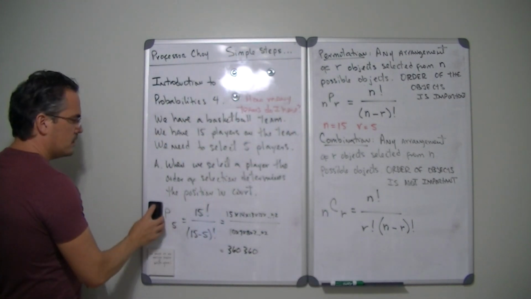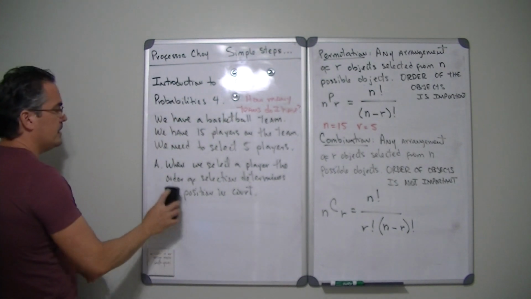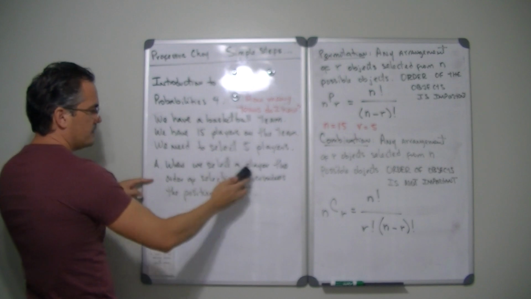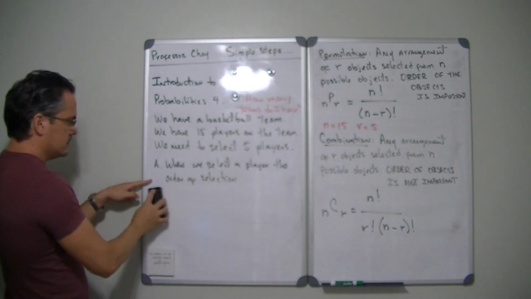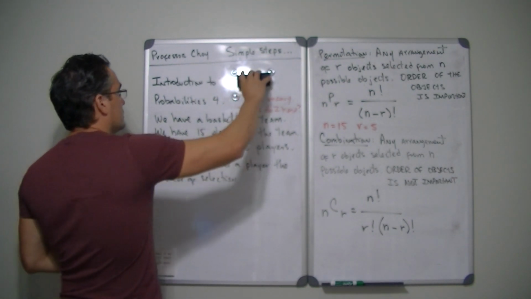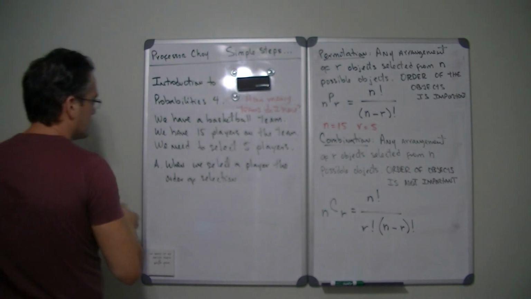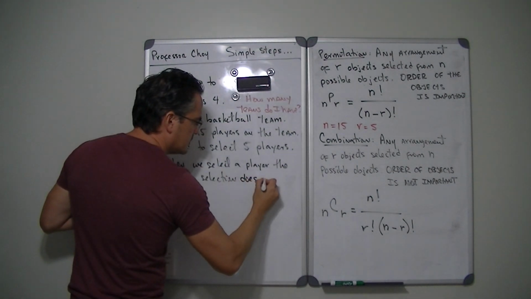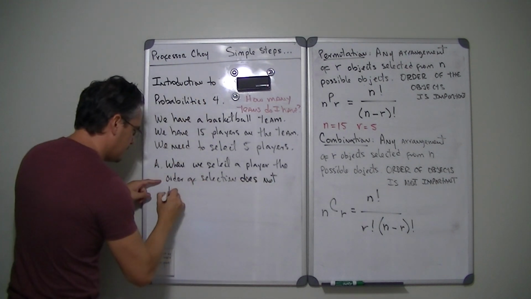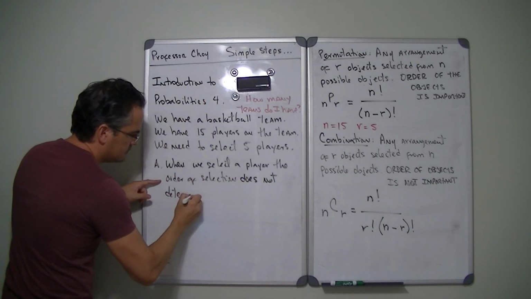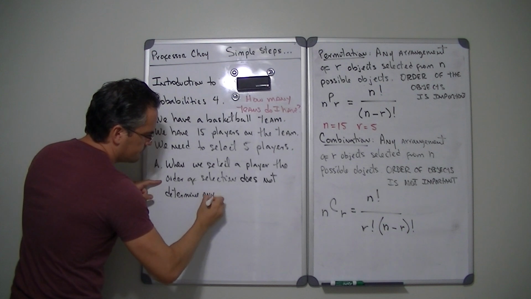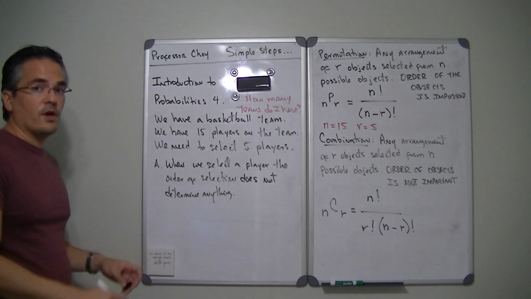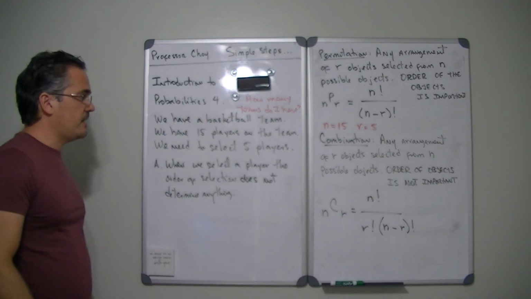Alright, so let's change the example a little bit, and let's say that when we select a player, the order of selection does not determine anything. And then same question: how many teams do I have?